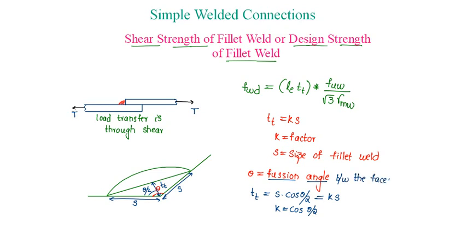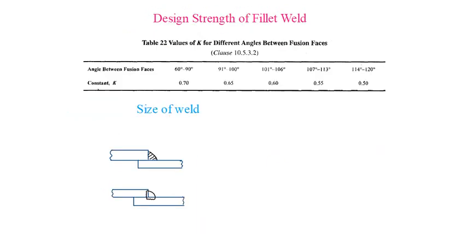IS 800 gives specifications for the value of K for different angles between fusion faces. Between 60 to 90 degrees, K value is 0.7. Between 91 to 100 degrees, it is 0.65. Between 101 to 106, it is 0.6. And between 107 to 113, it is 0.55. 114 to 120, it is 0.5.